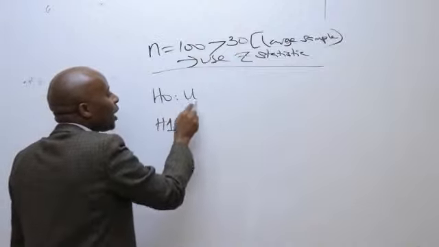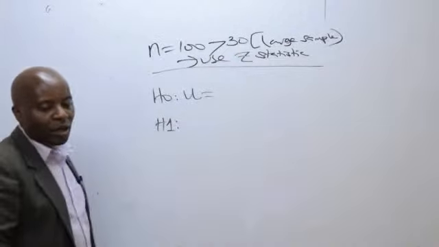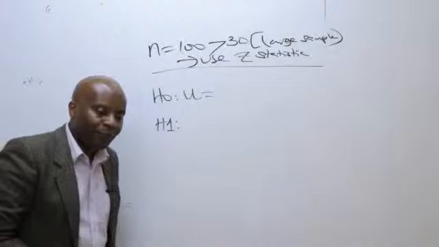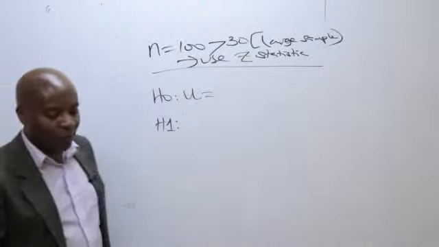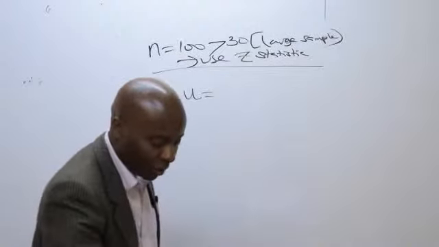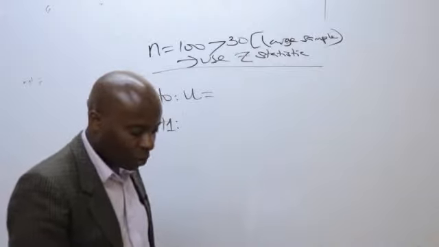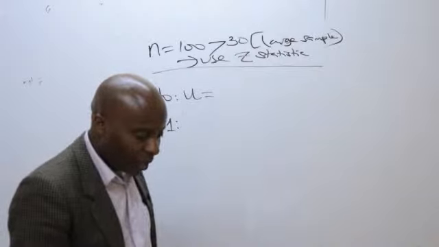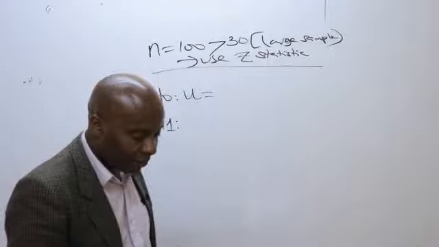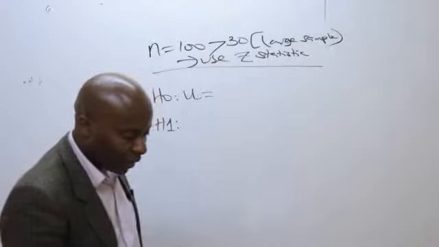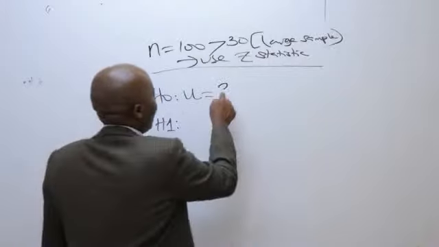So here we happen to be having the population mean. The population mean, ladies and gentlemen, they have told us in the question. Whenever you have population mean, everything becomes very easy. They have told us the population has a mean of 30.